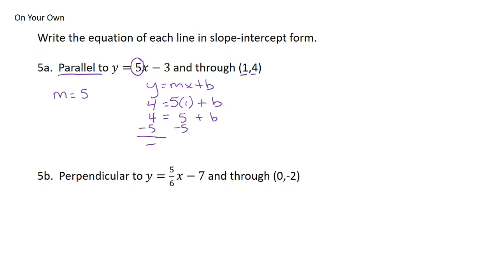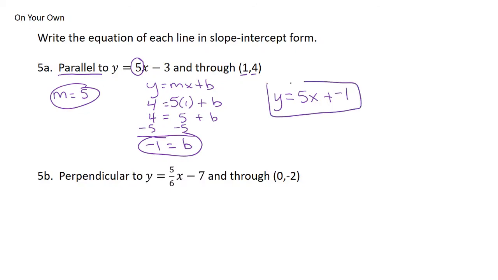That's -1 equals b. So our new equation is y equals 5, because that's our slope, 5x plus b, which is -1. You could have also written 5x minus 1, and that would be fine too.